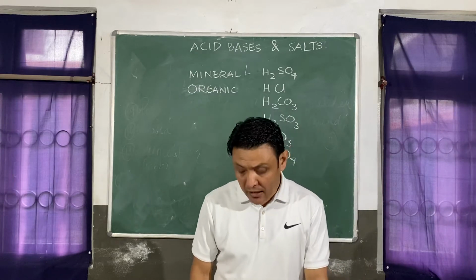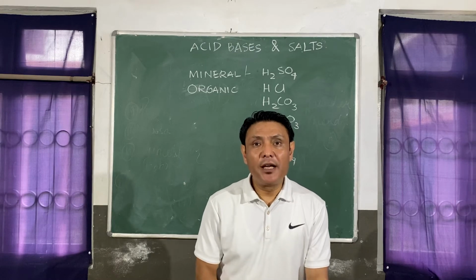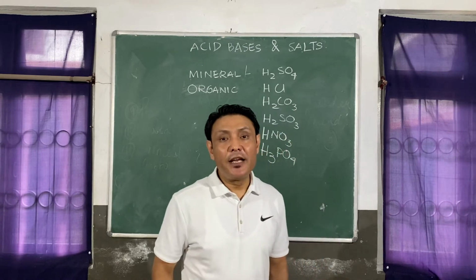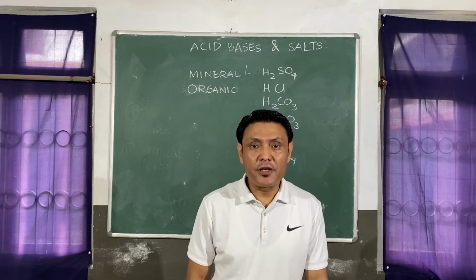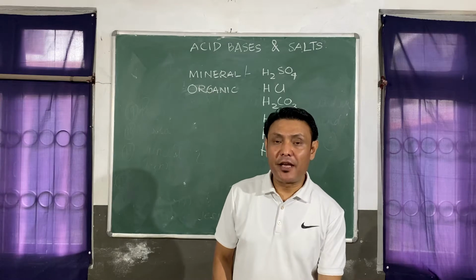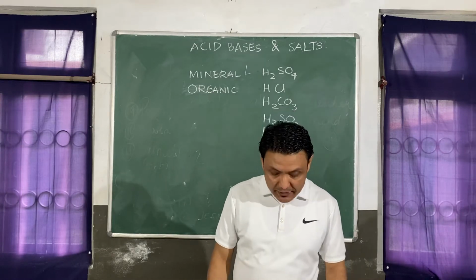Now, as the name implies, what is an acid? An acid is a compound which, when dissolved in water, produces hydrogen ions as the only positive ion. So let me repeat it.